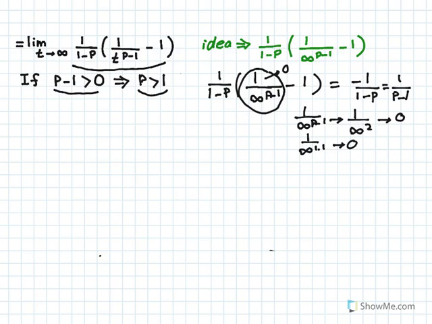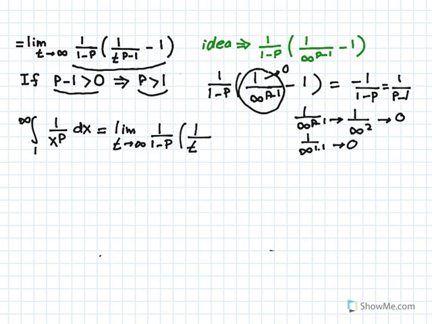All right, so let's formalize that. We have the integral from 1 to infinity of 1 over x to the p dx. That's equal to the limit as t goes to infinity of 1 over 1 minus p times 1 over t to the p minus 1, minus 1. And we showed that this term will go to 0 if p is bigger than 1.